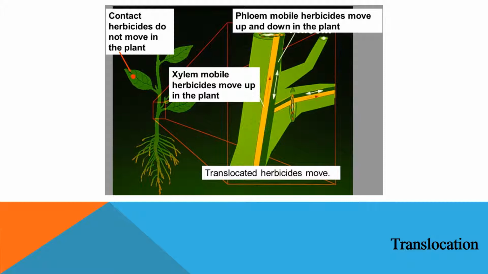So you need to look at the movement between the source and the sink. The source is where the photosynthesis is happening, and the sink is where the product of photosynthesis is stored. So this is how translocation works for herbicide movement.